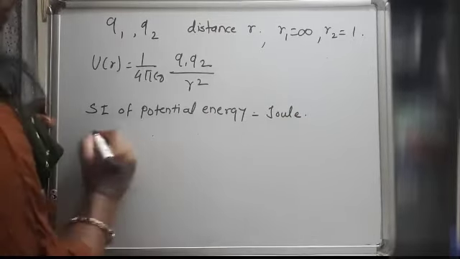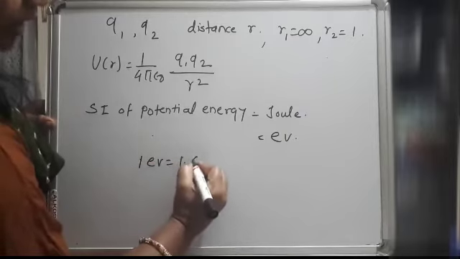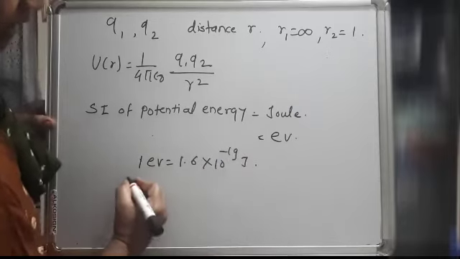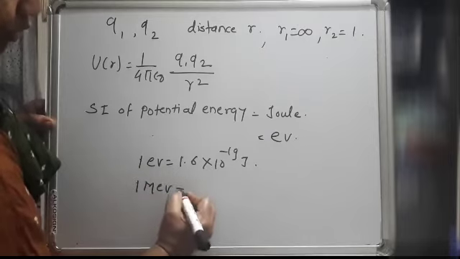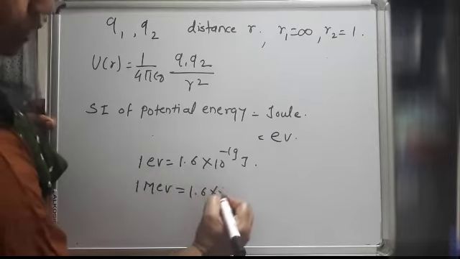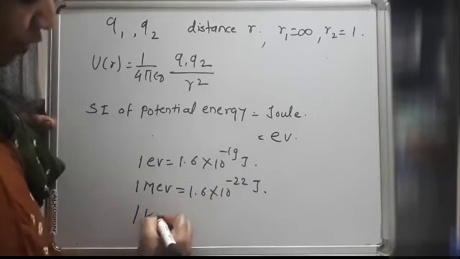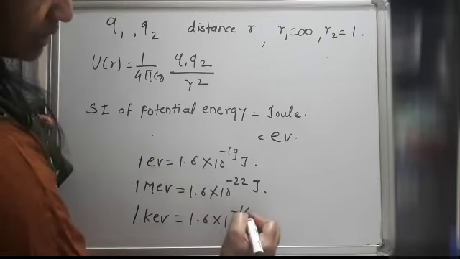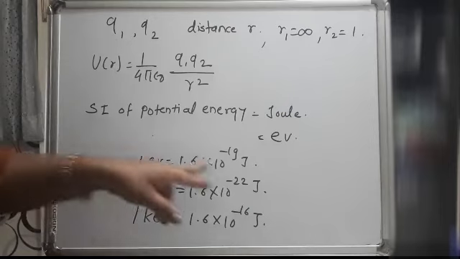The conversion: 1 electron volt is equal to 1.6 into 10 raised to minus 19 joule. 1 mega electron volt is equal to 1.6 into 10 raised to minus 13 joule, and 1 kilo electron volt is equal to 1.6 into 10 raised to minus 16 joule. This is the conversion of electron volt into joule.